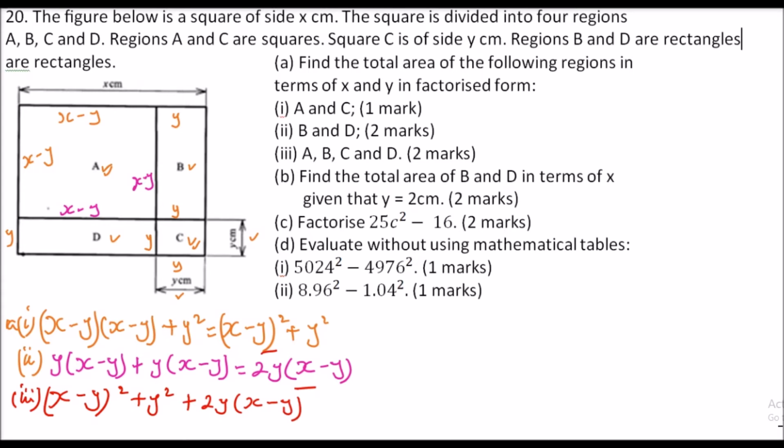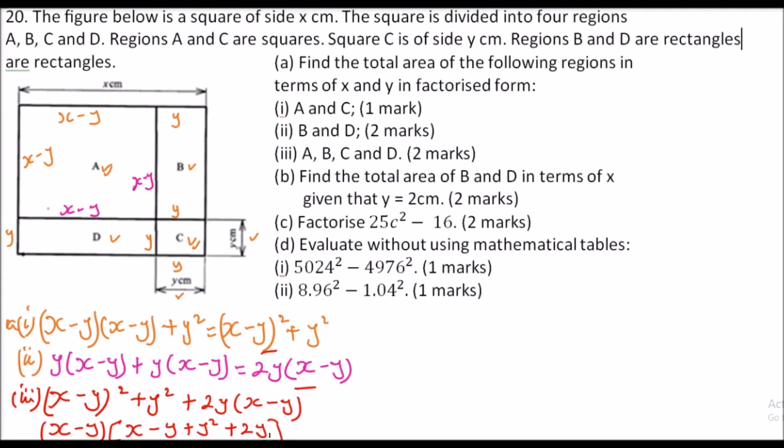Since x minus y is common, we can factor it out, x minus y, one of them. So here you'll be left with x minus y, and then we have plus y squared, and here you'll be left with plus 2y.